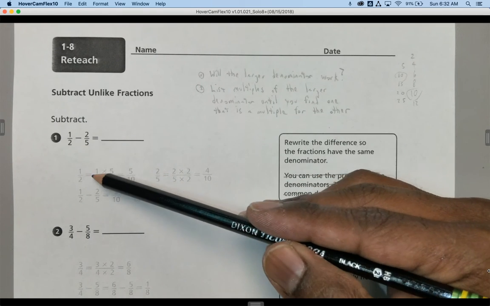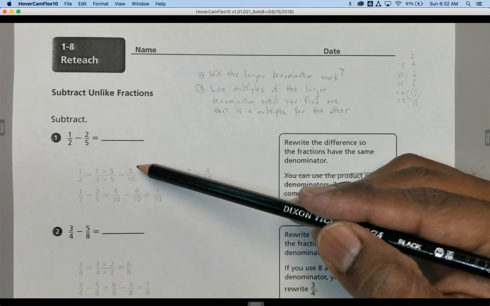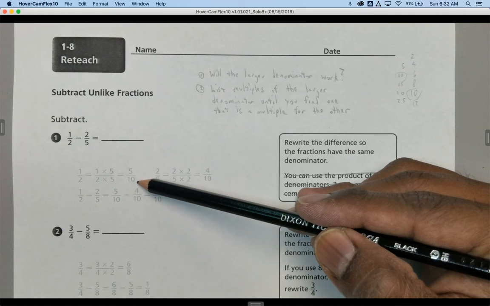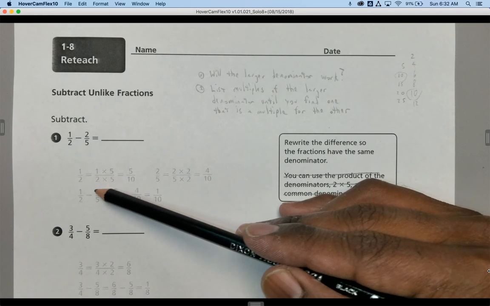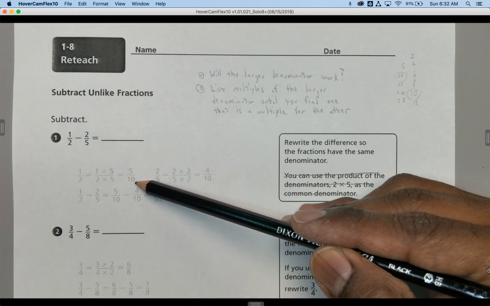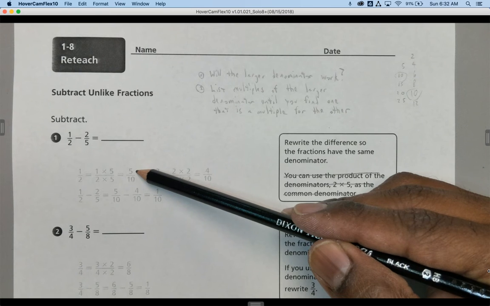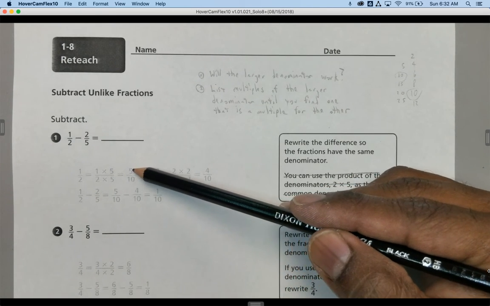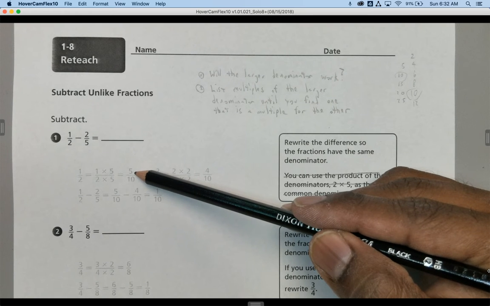So over here, 1 over 2 equals 5 over 10, because to start with a denominator of 2 and end up with the common denominator of 10, I needed to take the bottom and multiply it by 5. What I do to the bottom, I must do to the top. So my starting numerator of 1, I'm also going to multiply by 5 to get a new numerator of 5. 1/2 is equivalent to 5/10.